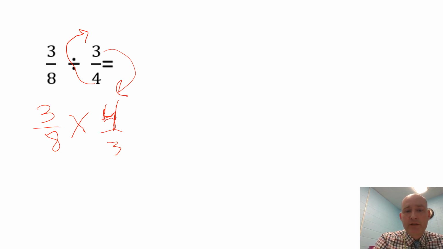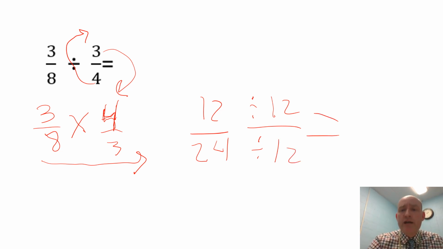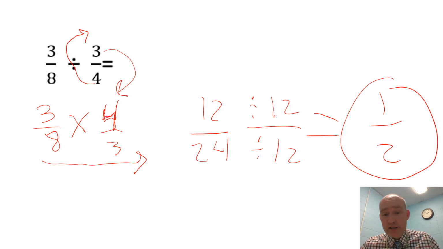Now, 3 times 4, you multiply across. 3 times 4 is 12. 8 times 3 is 24. I always think, they're both even, so you know you can factor, but what about the smallest? Can it fit into the biggest? Can you divide the smallest into the biggest? Yes, you can. 12 divided by 12. You have to do the same on the bottom. You get 1 over 2, or 1/2 is your answer.